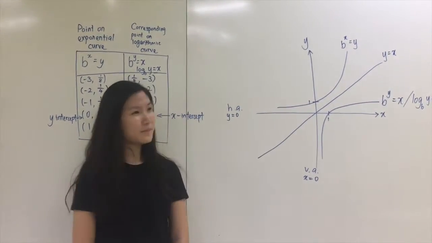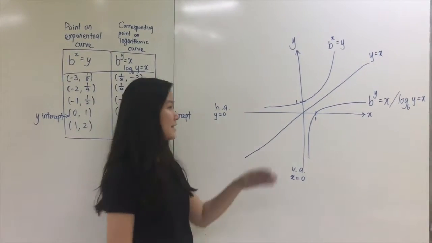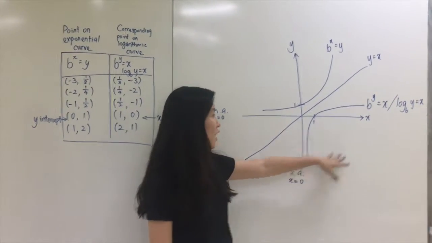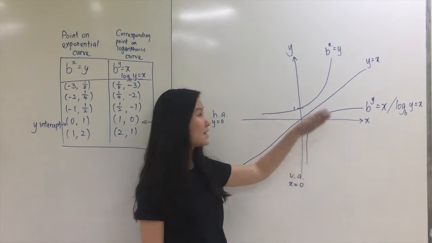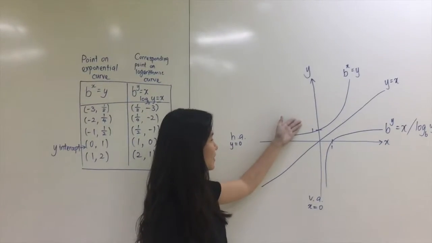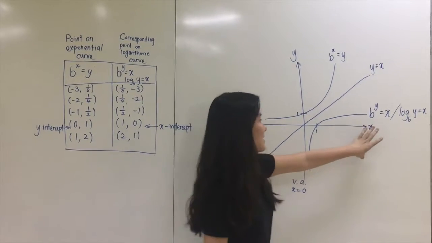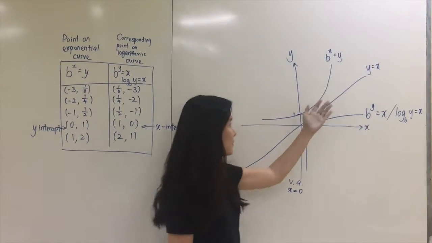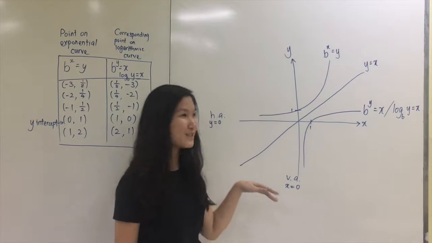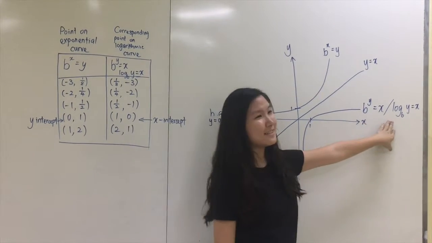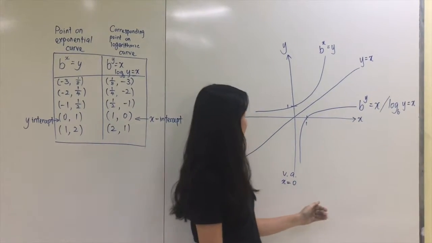Then, when we plot both equations in the same graph, it looks like this: the logarithmic curve is the reflection of the exponential curve across the line y equals x. So this is the exponential version, and this is the logarithmic version.